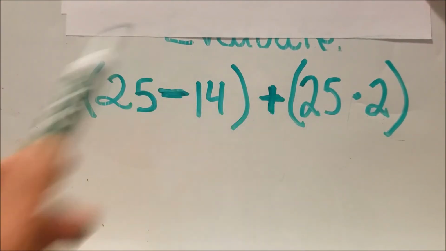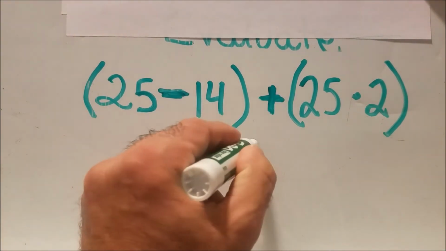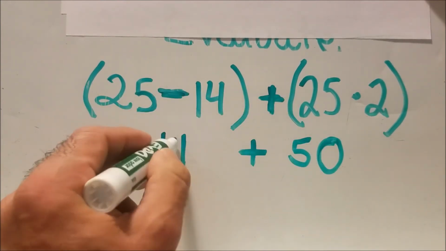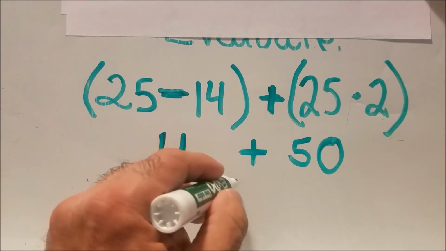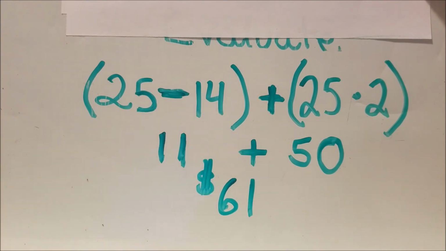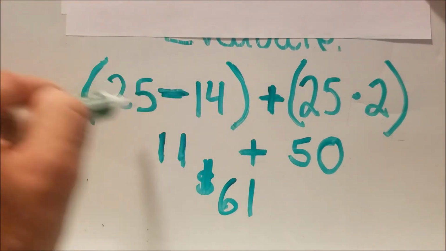We have to add them together, right? So over here we have an 11 plus 50. And he's left, what does he have now in his pocket or his piggy bank, whatever? He has what? $61. Now you should understand why we put parentheses around here, because this is what he has to do first.